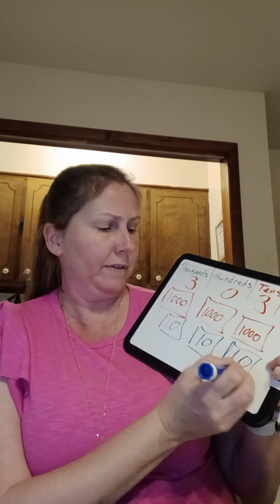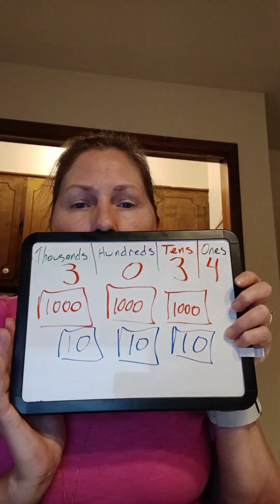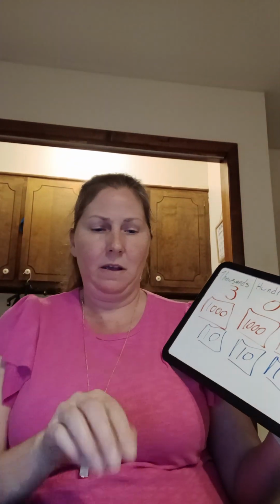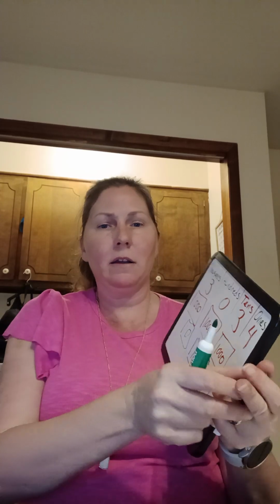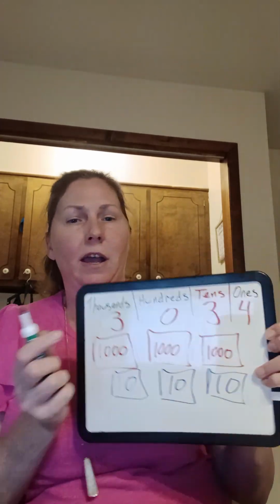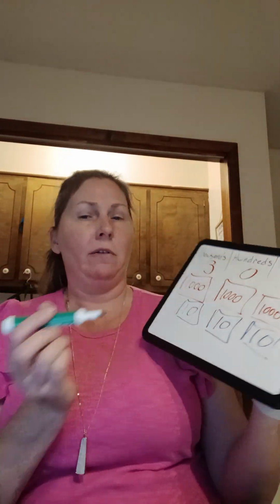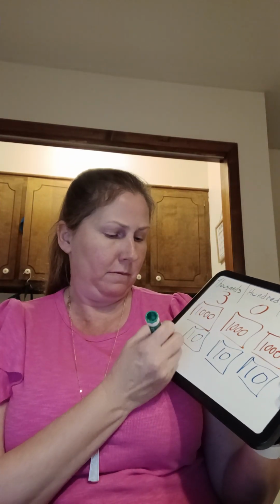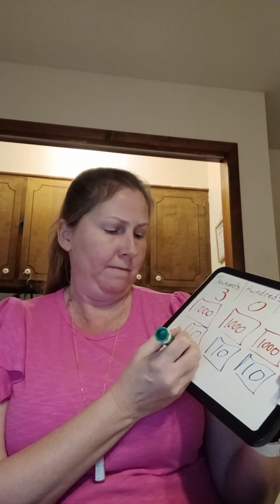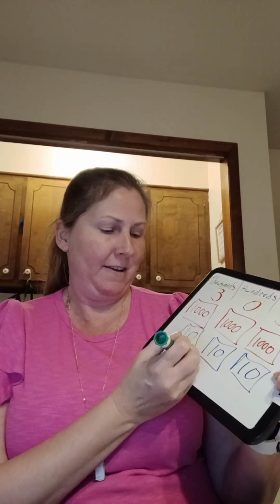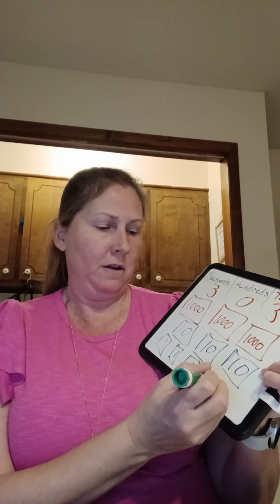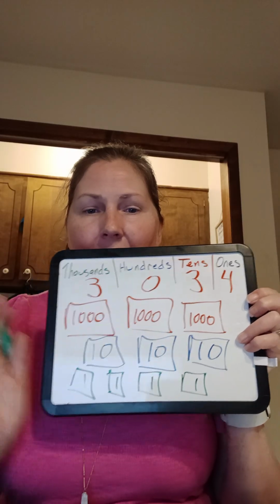I have 3 groups of 10. So I'm drawing a block with 10 in there to show that. All right. That's 1. And for our 1 spot, we have 4. And I'm going to represent that the same as I have the others. 1, 2, 3, 4. Thank you.